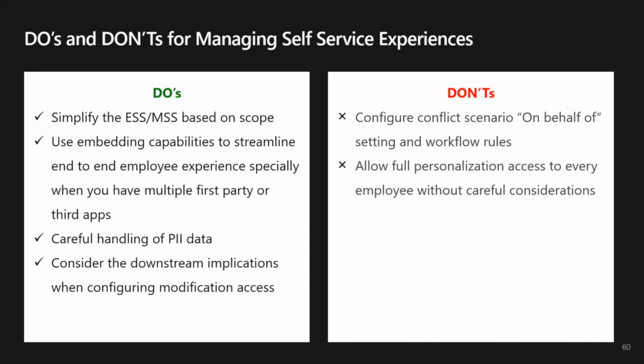So you do have the capability to allow address modification or contact details modification or modifications of beneficiaries. But it's important to consider the implications it can have on downstream processes. For example, your benefit plans may not be fully operational because the beneficiary information is changed, and so on and so forth.